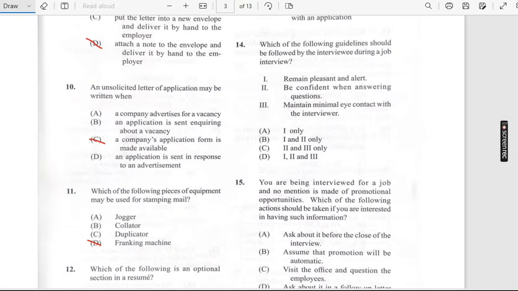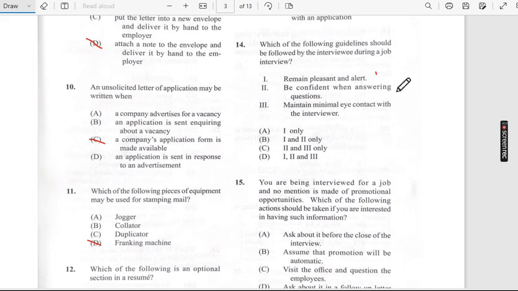Alright, number 14. Which of the following guidelines should be followed by the interviewee during a job interview? This one is very tricky perhaps, because most of the times, guys, this is a repeat question as well, but most of the times you guys would choose all three of them. Remain pleasant and alert, that is right.